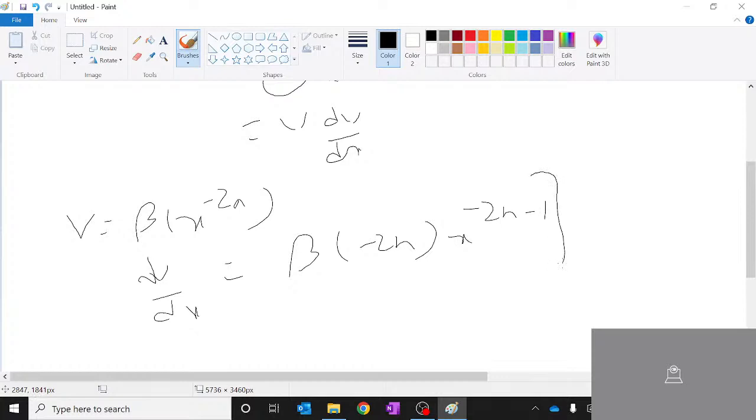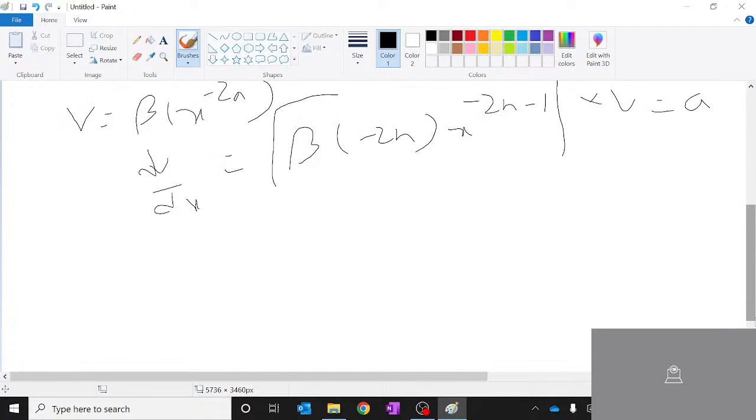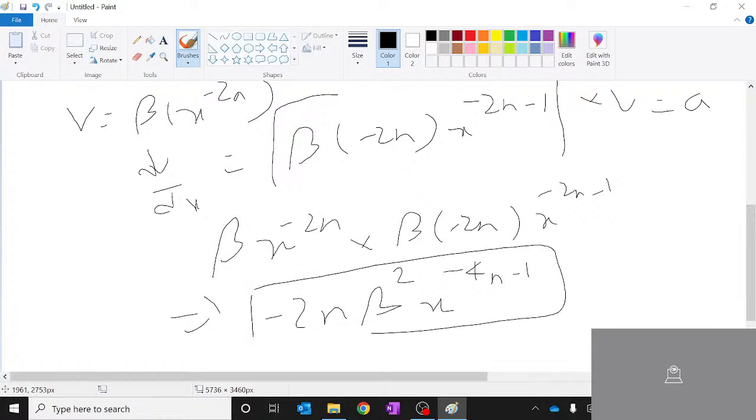Multiplying with v, which is beta x to the power minus 2n, I take the minus 2n outside. Beta into beta is beta square, x to the power minus 4n minus 1. So this is your acceleration in terms of n and beta, which is what the question asks.